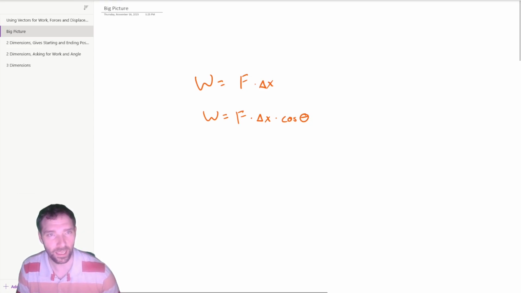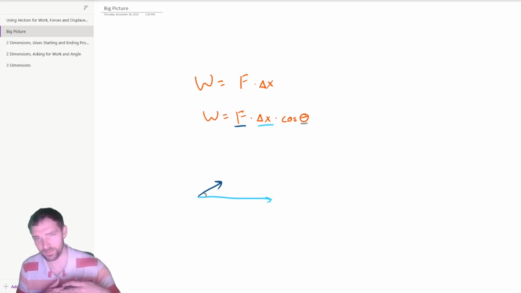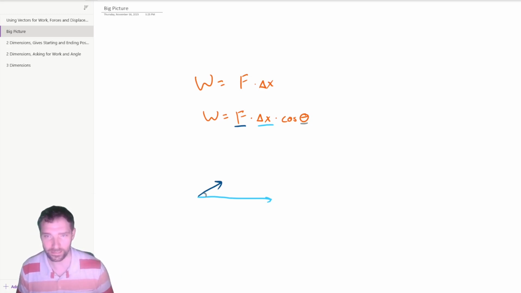So if we look at some force and displacement as vectors, you can have this maybe be a force at some sort of angle and displacement at a different angle. And really what's important here is how much this angle is coming into play, because that's going to end up causing this force to help speed up the object a little bit more along that movement, that displacement.